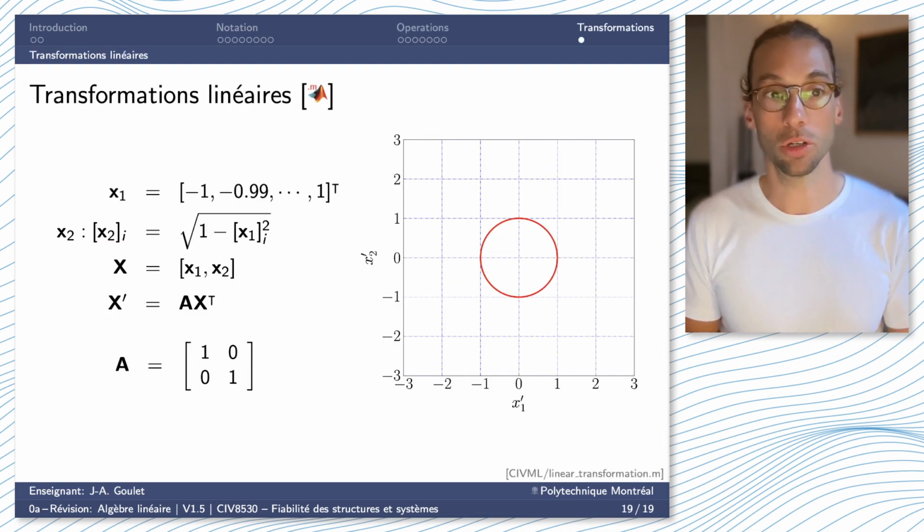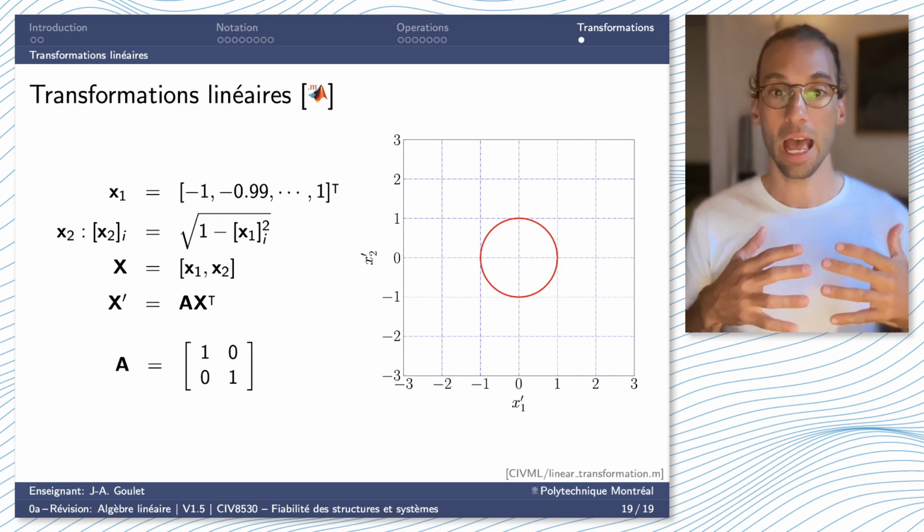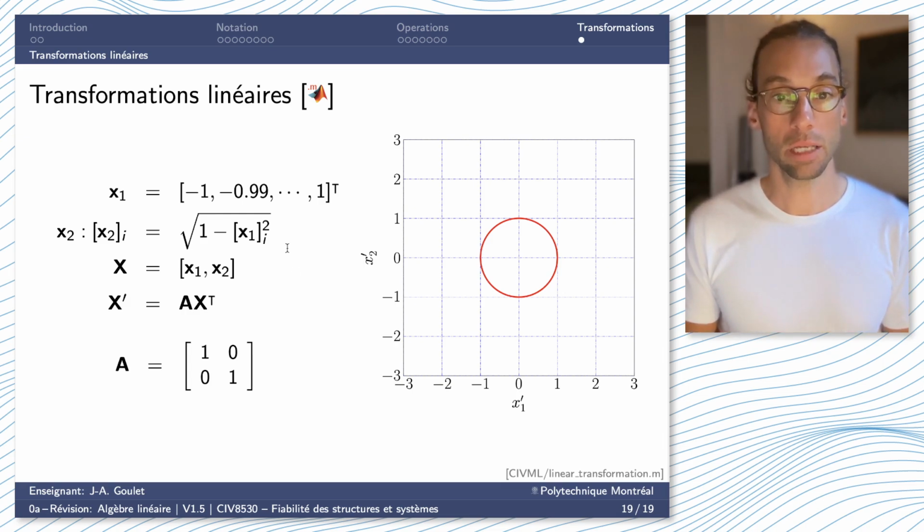The last thing we're going to look at is how we can see a linear system as a transformation of our space. Let's look at what I have plotted here for a space x1 and x2. I've plotted this circle. How do you plot a circle?